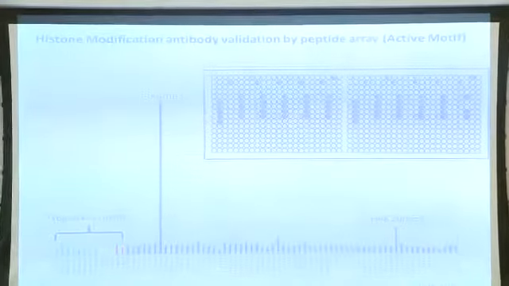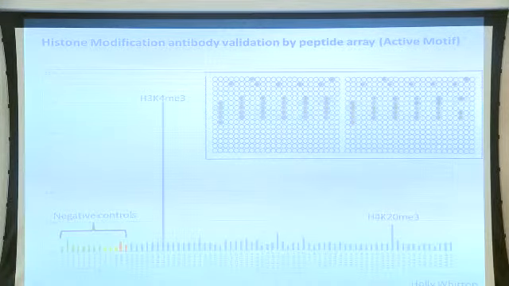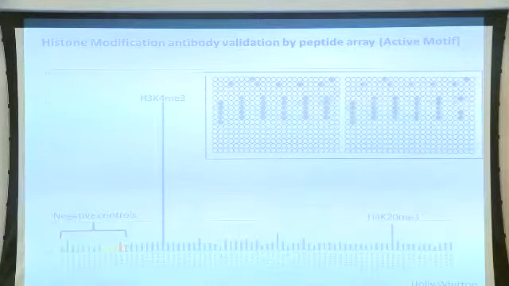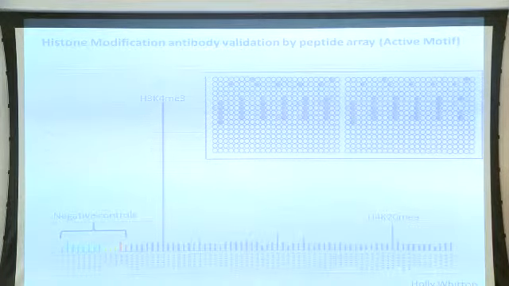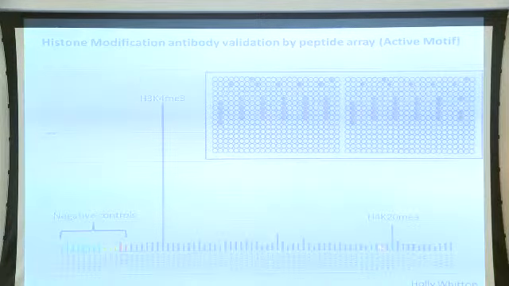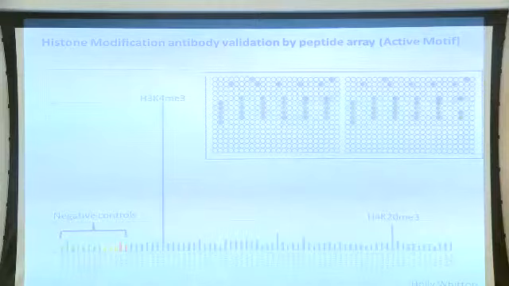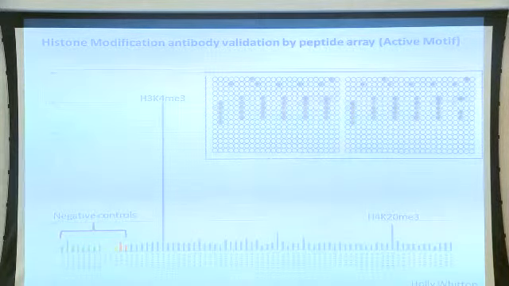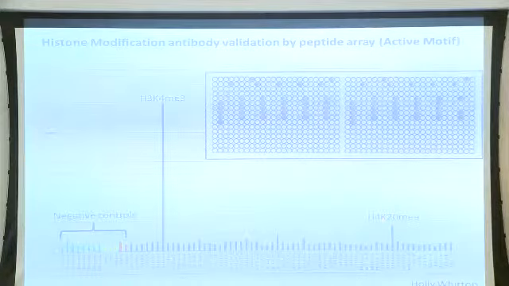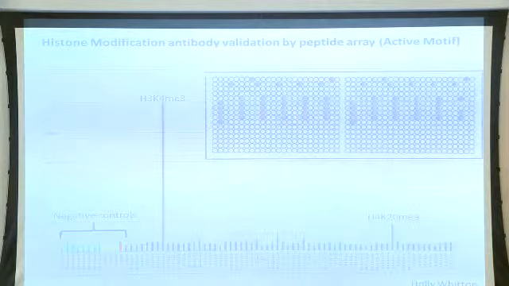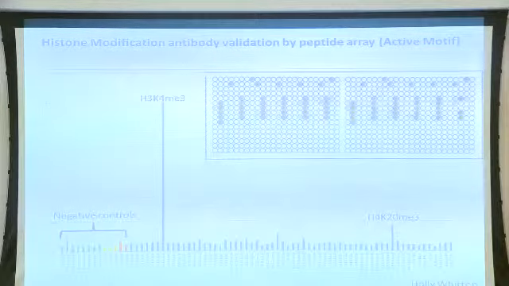This is an example of a particularly nice assay in which an antibody that's sold as recognizing H3K4 trimethyl is hybridized to this assay. When the data are analyzed, we see that the only really significant cross-reactivity of this particular antibody is against histone H4 lysine 20 trimethyl, which is a very low abundance modification in real cells.